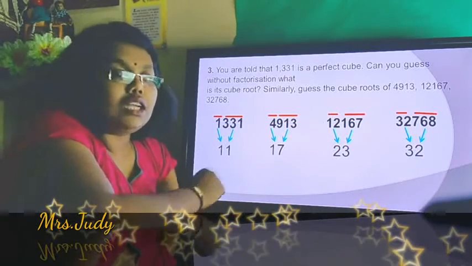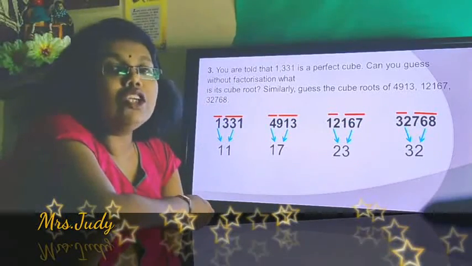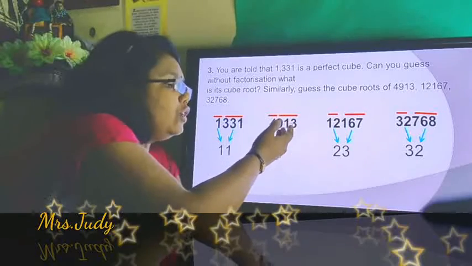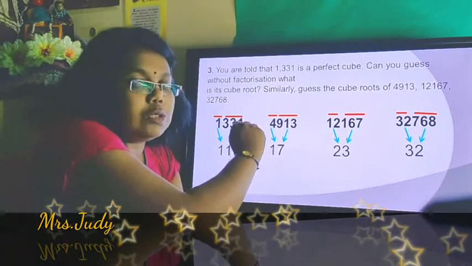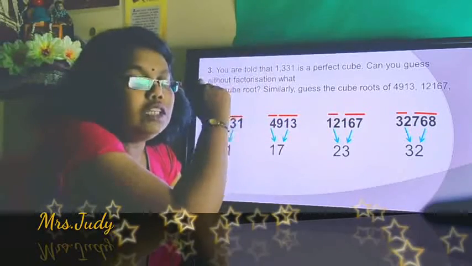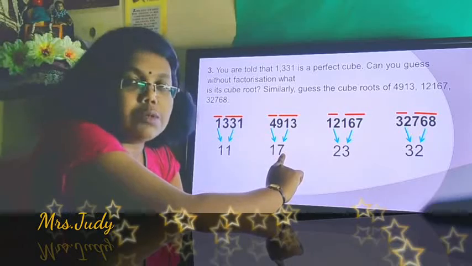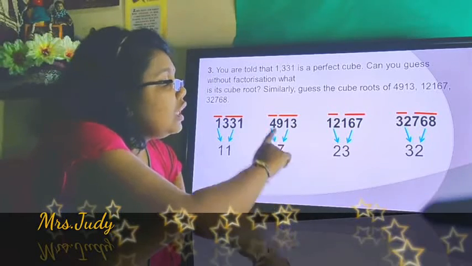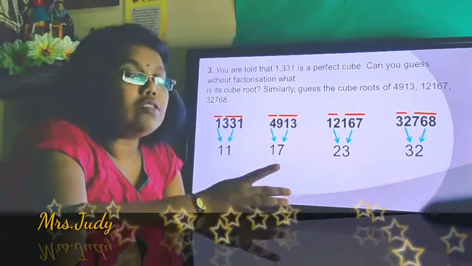Now let's take another number, 4913. Now we have to guess at the cube root. So groups of 3 from this side and 1 on this side. Which cube has 3 in the 1's place? 7 cube, 343. So 7 is in the 1's place in this cube root. Then 4. Which 2 cubes are there before and after this 4?